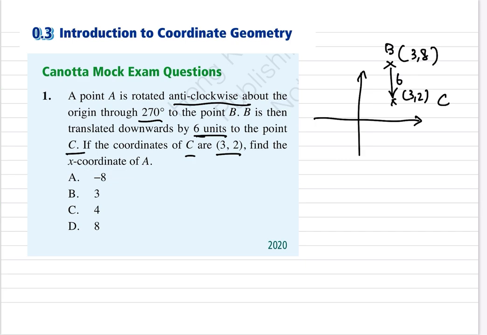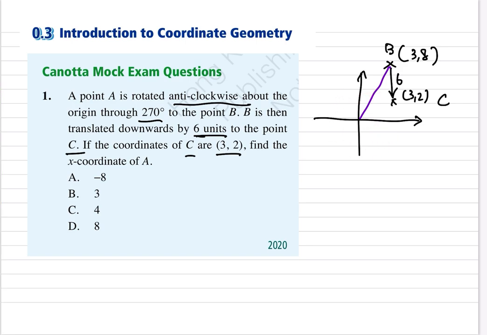And the next step is that A rotates anti-clockwise 270 degrees to become B. So you think about it, if there is a point like this, originally, because this is rotated anti-clockwise 270 degrees, I would say that A is over here. Is it correct? No. Why is it not? Because if A is here, then rotating 270 degrees, it is clockwise.